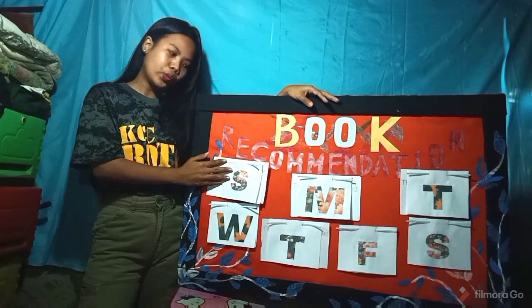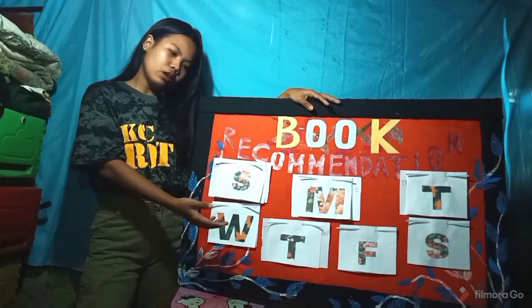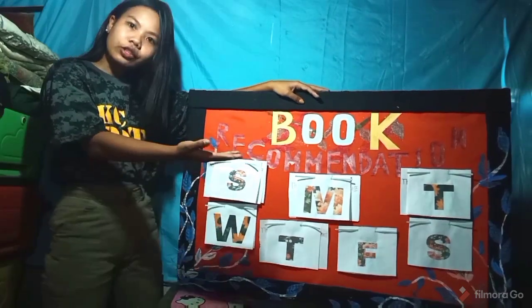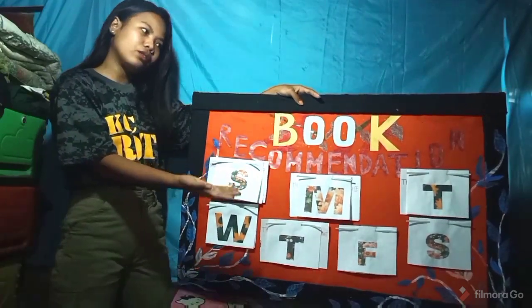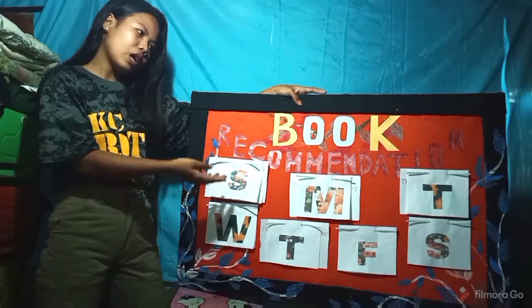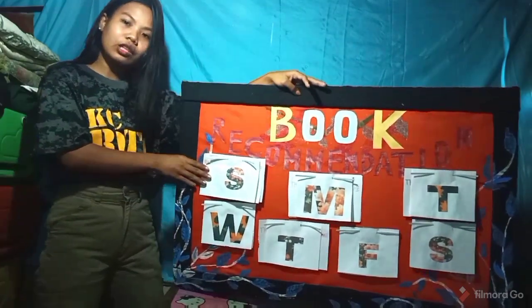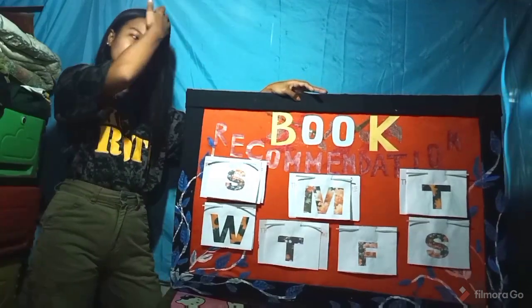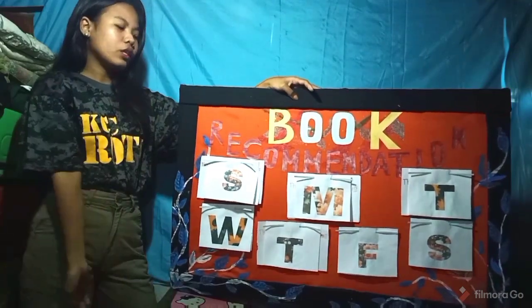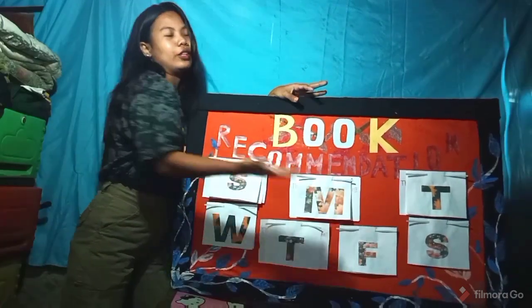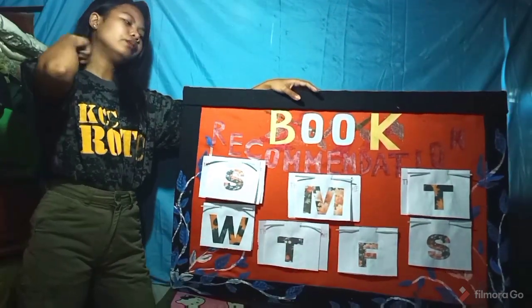Next is why I have letters in here, seven letters to be exact. So it is the S M T W T F S. These letters stand for the days of the week, of course, which are Sunday, Monday, Tuesday, Wednesday, Thursday, Friday, and Saturday.